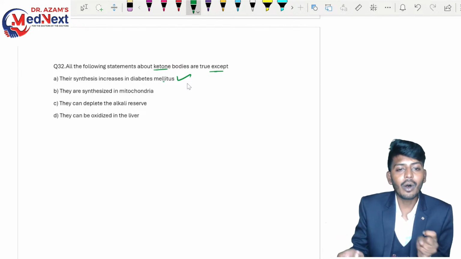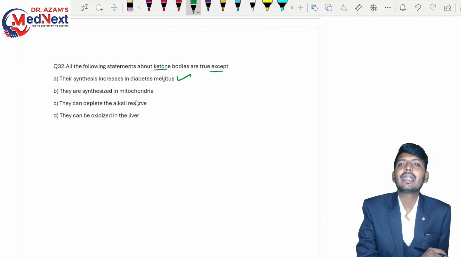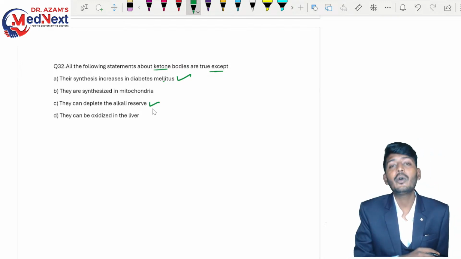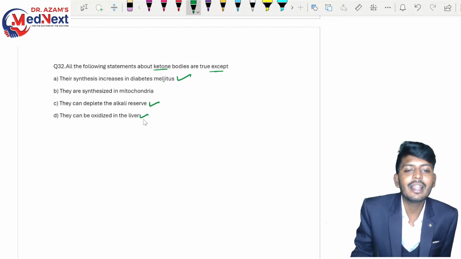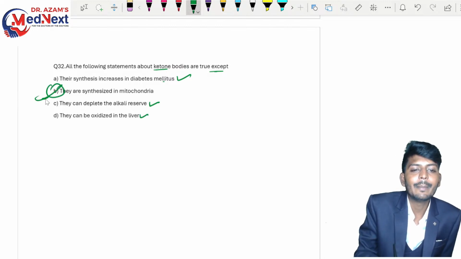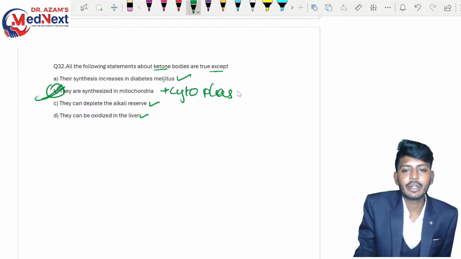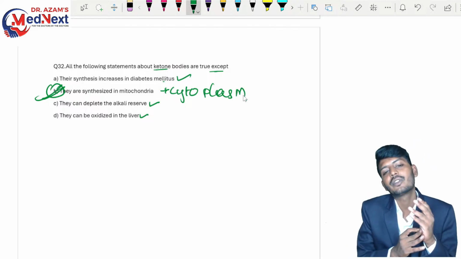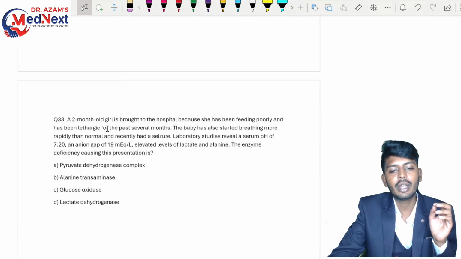They are synthesized in mitochondria. They can deplete alkali reserve in diabetic ketoacidosis. They can be oxidized in the liver. The answer will be B, because they are actually synthesized in mitochondria, not cytoplasm. Ketones can be oxidized in the liver. Okay, the answer is B. Let's go to the next question.